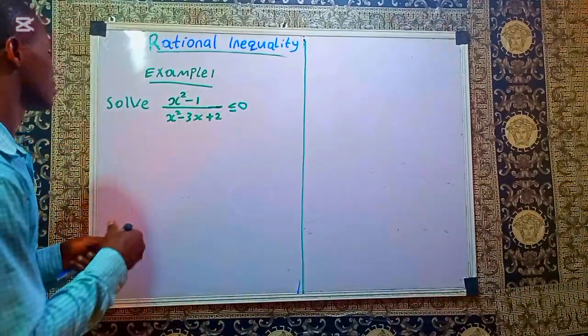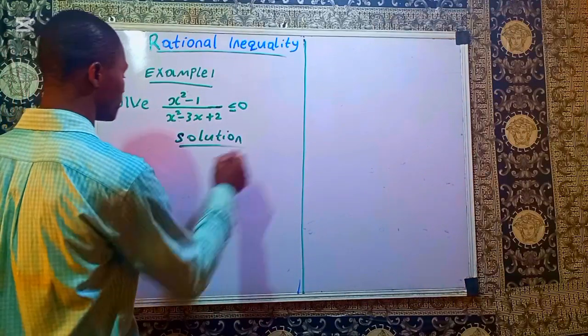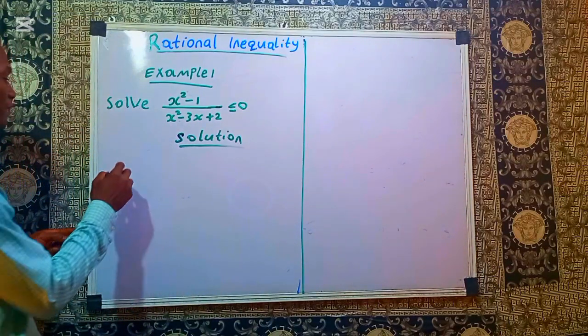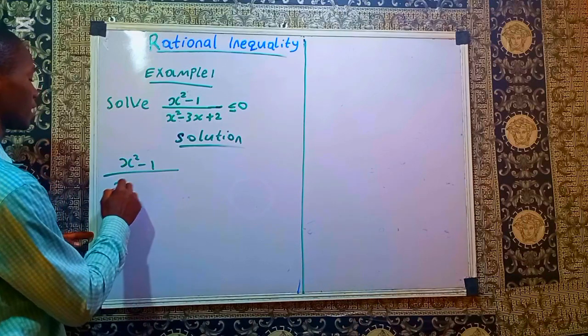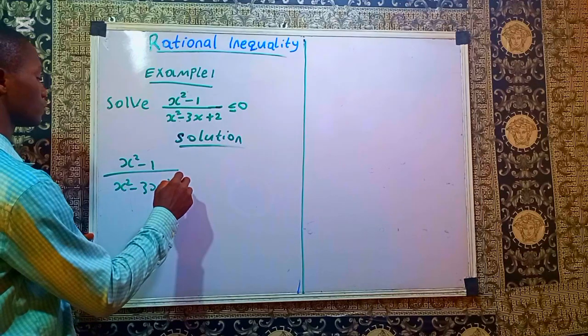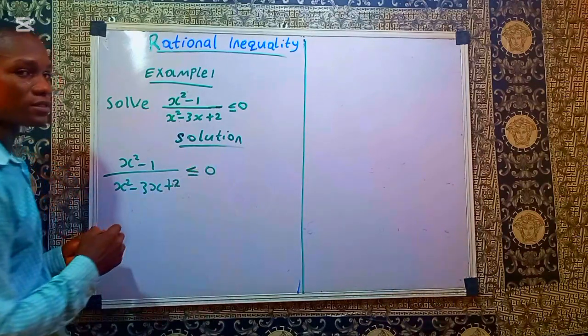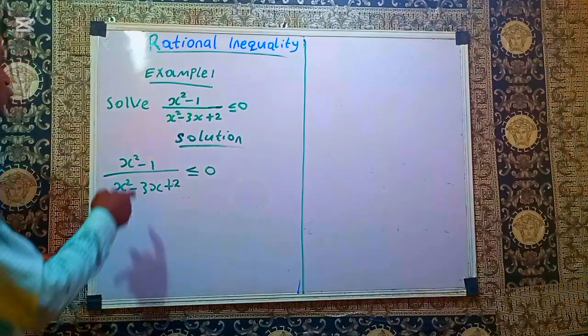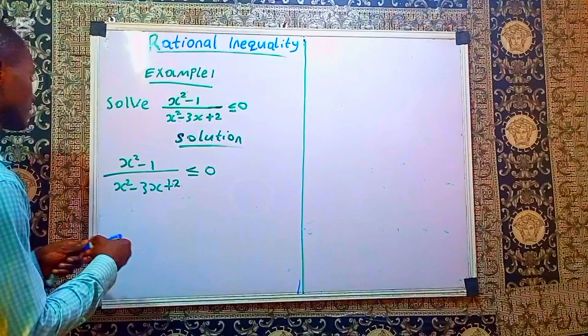So to do that, we quickly consider what we have here: x squared minus 1 divided by x squared minus 3x plus 2, less than or equal to 0. What we have up here is a quadratic expression which we can factorize.